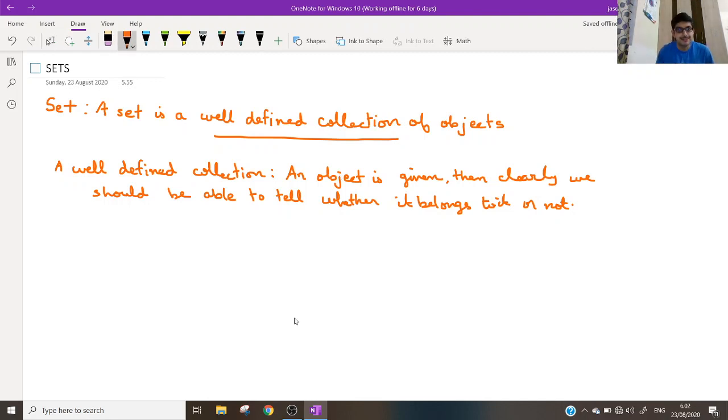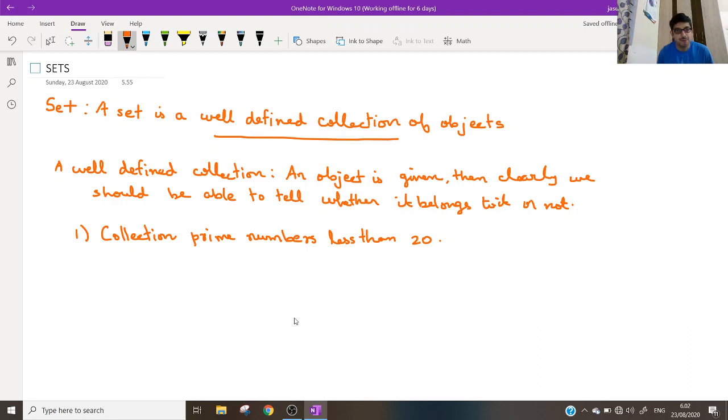So let us see examples of well-defined collections. First one, the collection of prime numbers less than 20. This is a well-defined collection.